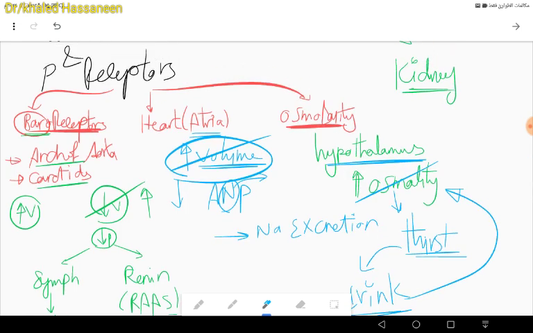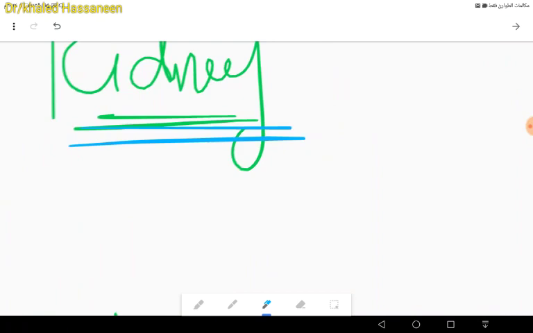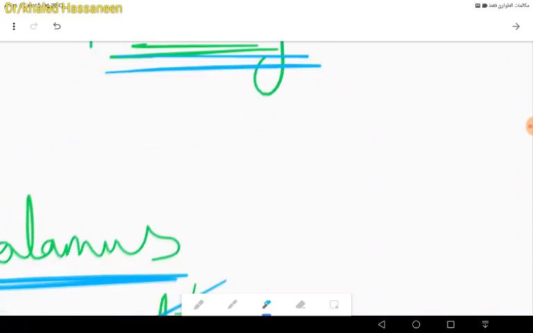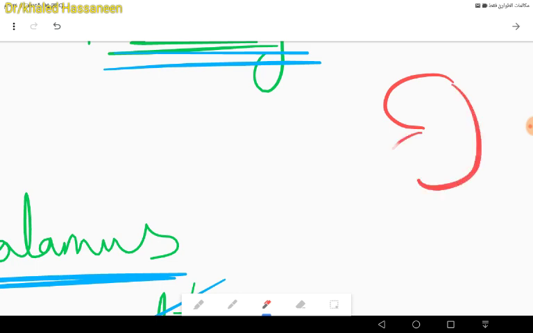Finally, the kidney. So what does the kidney do? The kidney is a special organ, not just for excretion of urine, it is also the main regulator of blood pressure. If we have a closer look at the kidney, mainly on this area, we have what is called the juxtaglomerular apparatus.